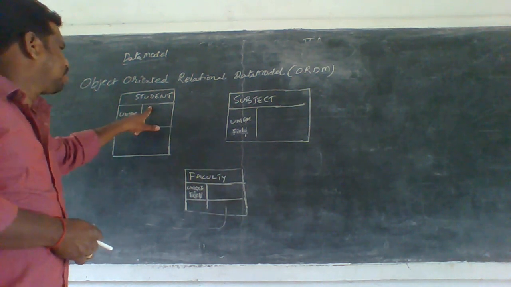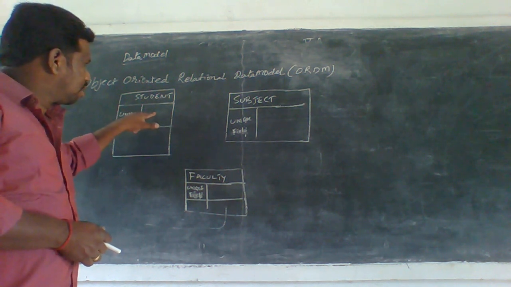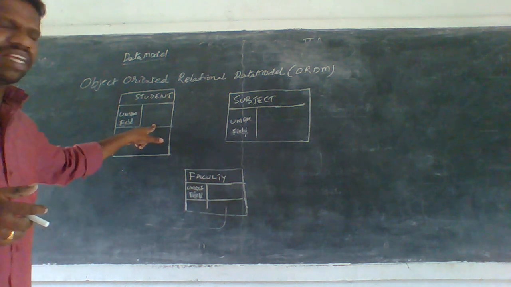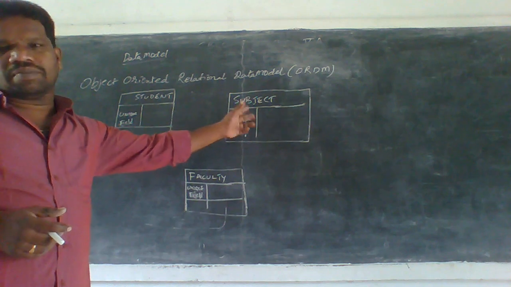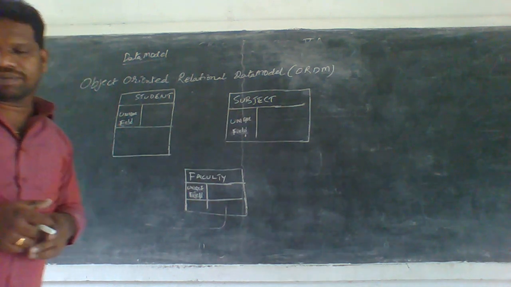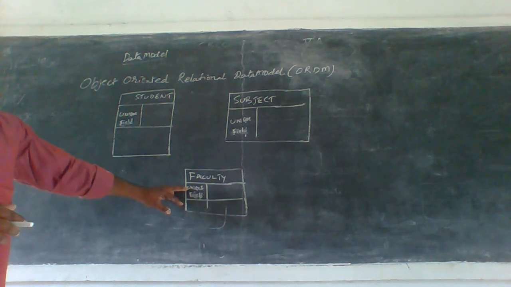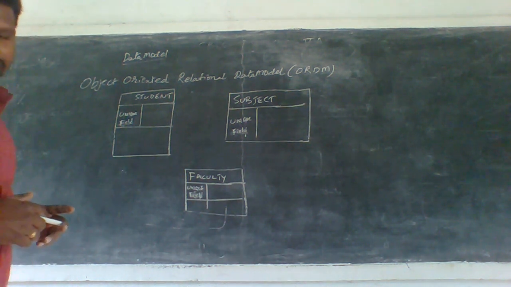A student contains student name, student marks, student fees, student specialization. Subject contains subject code, subject name, author name. Faculty contains faculty code, faculty name, and subject name.